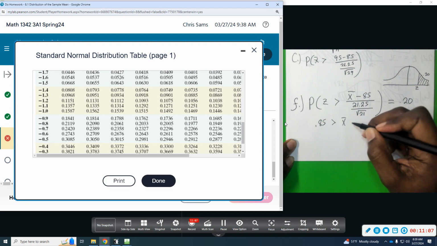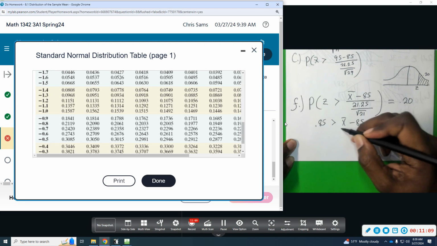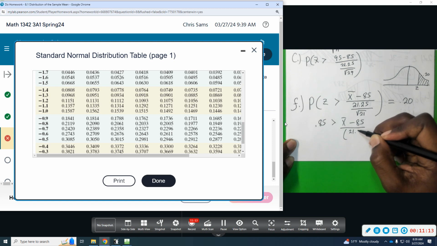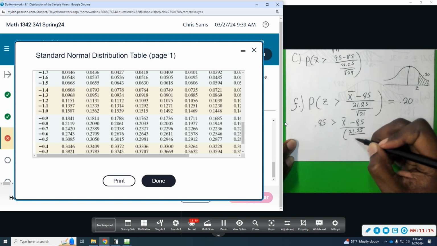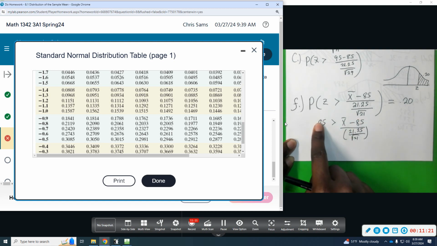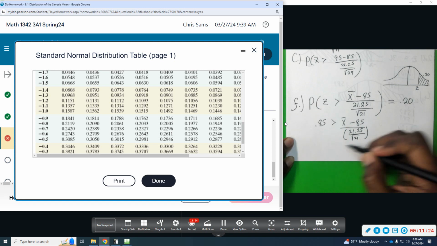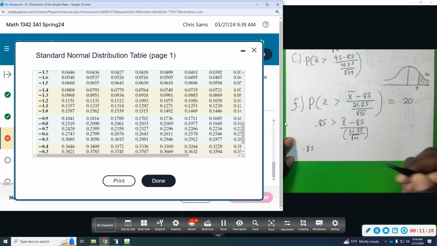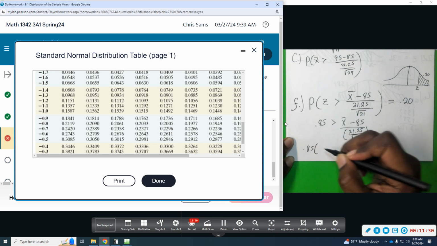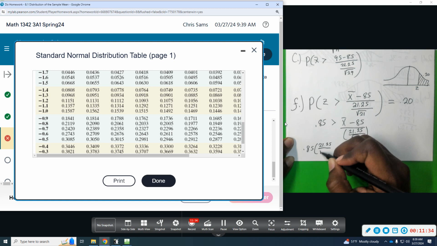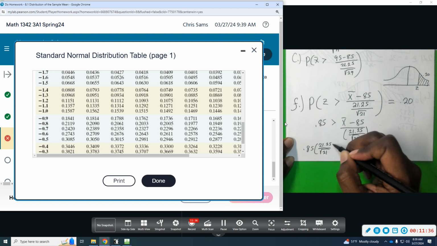X bar minus 85 over this square root part, so 21.25 over the square root of 21. We're going to multiply, and then we're going to add the 85. That's going to give us our X. So doing algebra and working backwards, we're doing 0.85 times the denominator, which is 21.25 over the square root of 21.